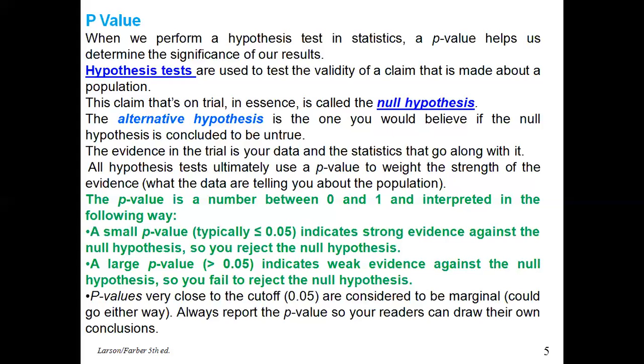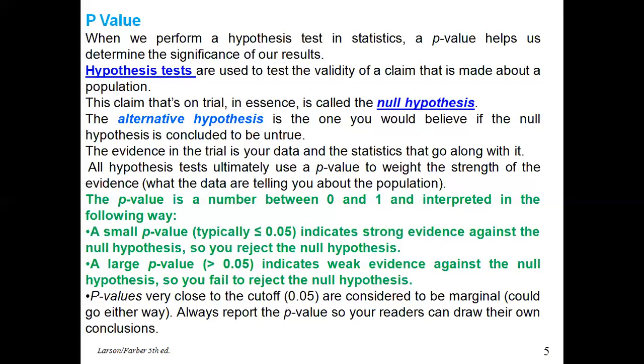So p-value is a number between 0 and 1 and is interpreted in the following way. If we have a small p-value, typically if the value of p is less than 0.05, then we reject the null hypothesis. If we are using p-value for a hypothesis test, then if the value of p is less than alpha, we reject the null hypothesis.